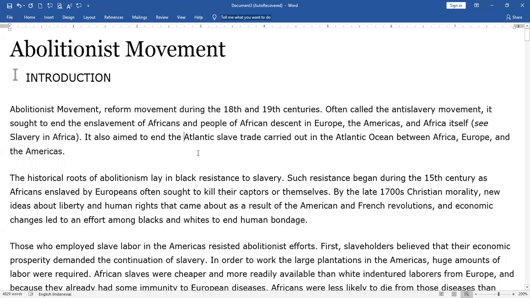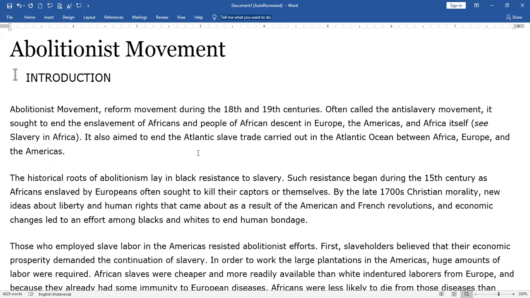Abolitionist movement. Introduction. The abolitionist movement was a reform movement during the 18th and 19th centuries, often called the anti-slavery movement.